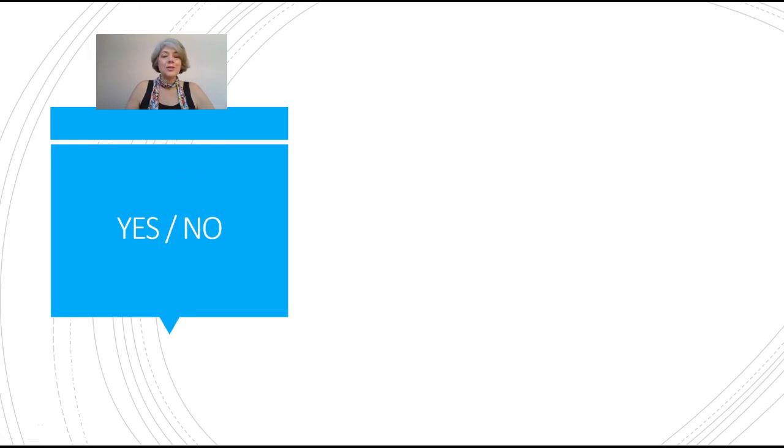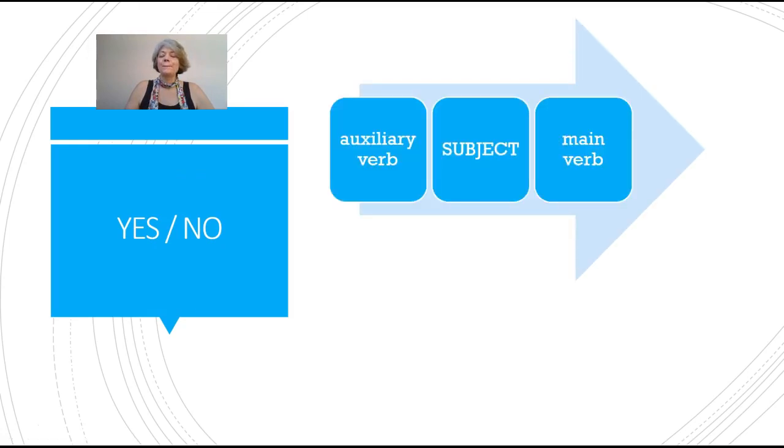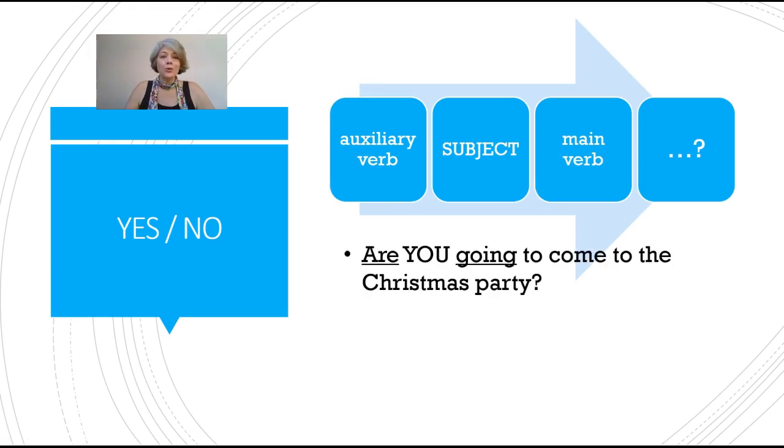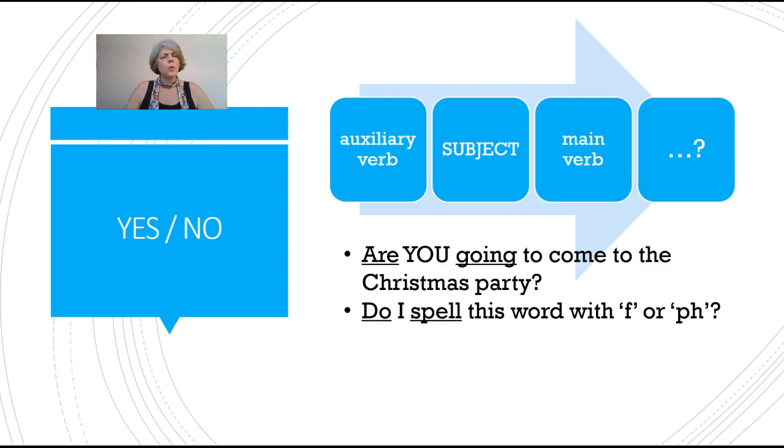Let's look at yes/no questions. What's missing? There is no WH word in these ones. Are you going to come to the Christmas party? Do I spell this word with F or PH?